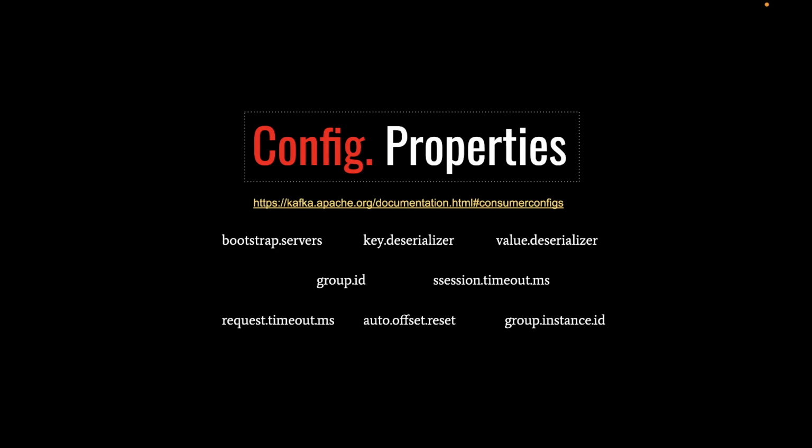Then we also have the auto offset reset. With auto offset reset, if the consumer doesn't have a committed offset, or for example, due to some rebalance issue, let's say as we gave in the previous scenario, a consumer is consuming a partition, and it is processing offset 3, then the consumer is down or failed or shut down.